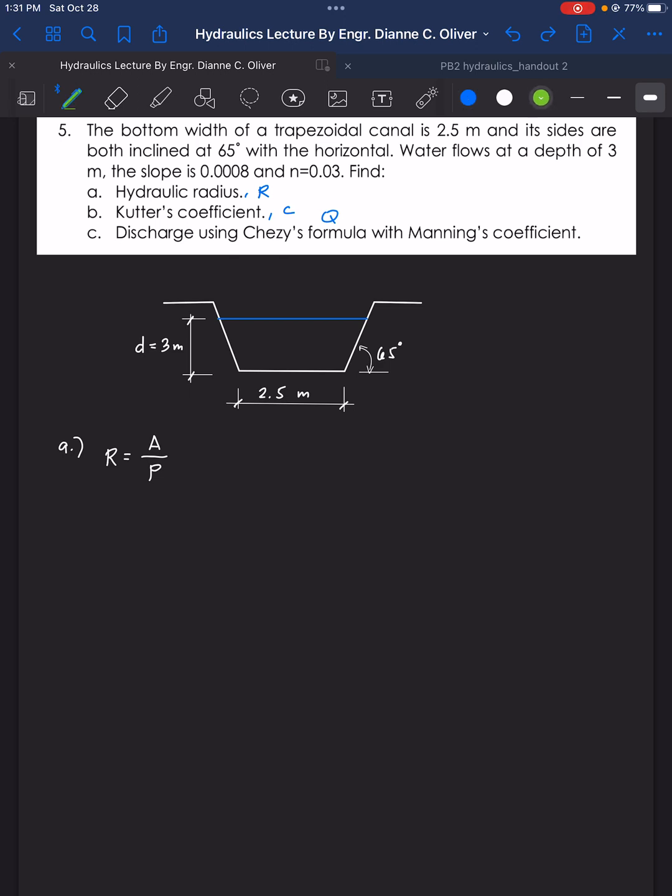So we need to find the value for x here so that we can get the value for the area. Now, to get that value of x, we need to find the value of this side here.